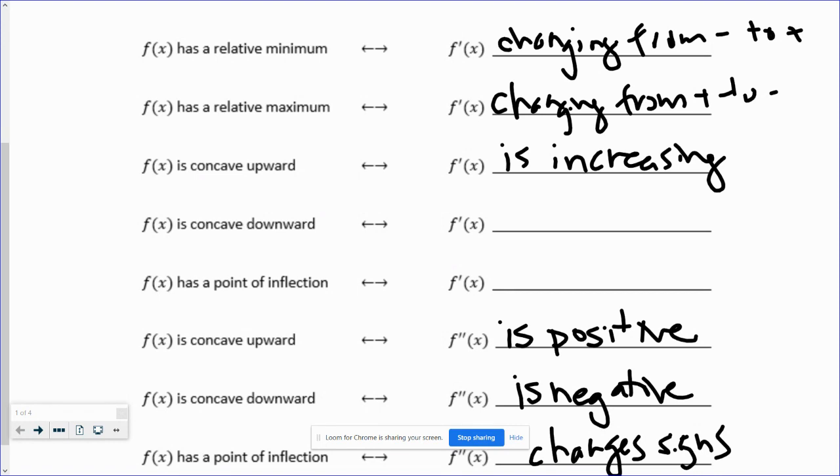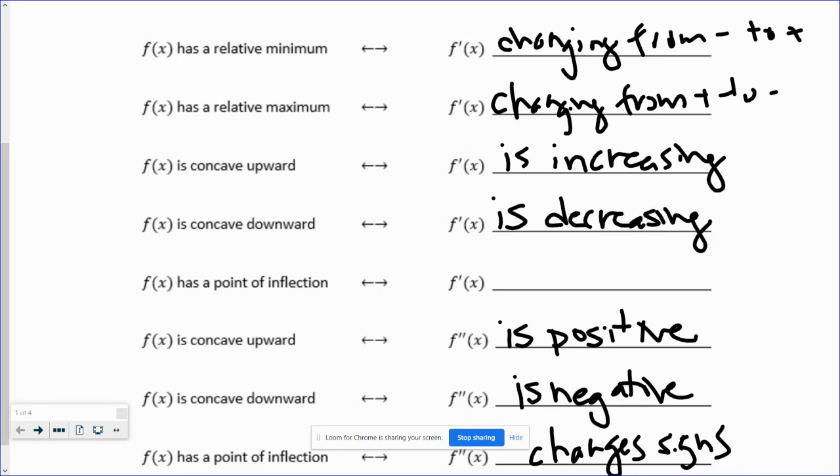So when f is concave upward, that means f double prime, the second derivative is positive, and f prime of x is increasing. So likewise, when f of x is concave downward, we said the second derivative is negative, which means the first derivative is decreasing.